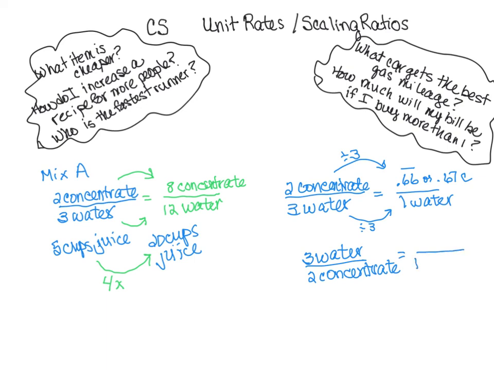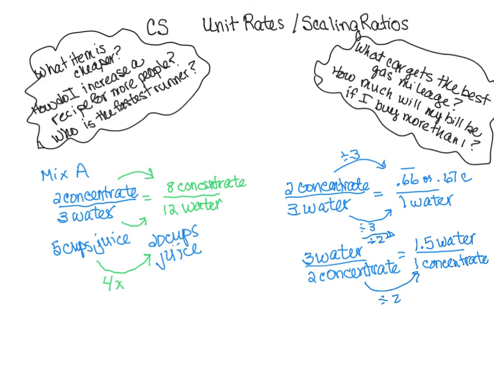If I want 1 cup of concentrate, how would I do that? Well, I'm going to divide by 2. So for every cup of concentrate, I'm going to need 1.5 cups of water. And so that would be my unit rate.